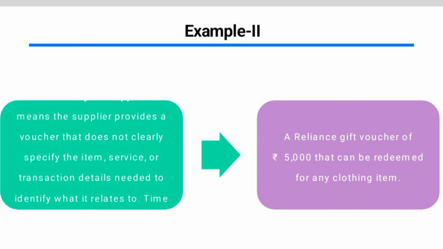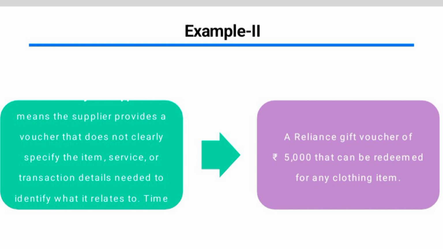But if it is specified for pizza, then it is the date of issue of the voucher. Identified, date of issue of the voucher. Not identified, redemption of the voucher. Very simple. Read it in a very clear manner and grasp the concepts.